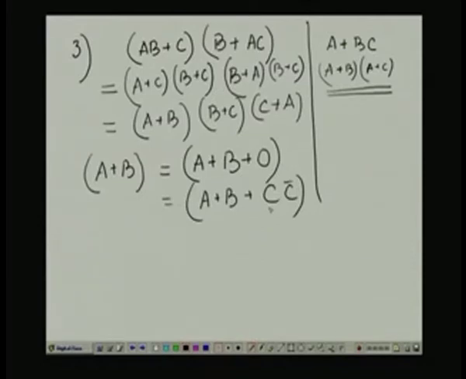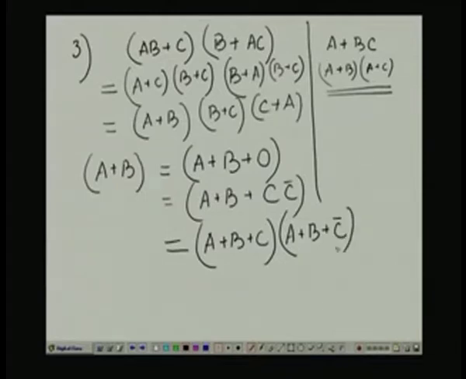So, I have to introduce C, and if I apply the same rule, this becomes (A + B + C)·(A + B + C'). So, only the first term becomes the product of two terms.